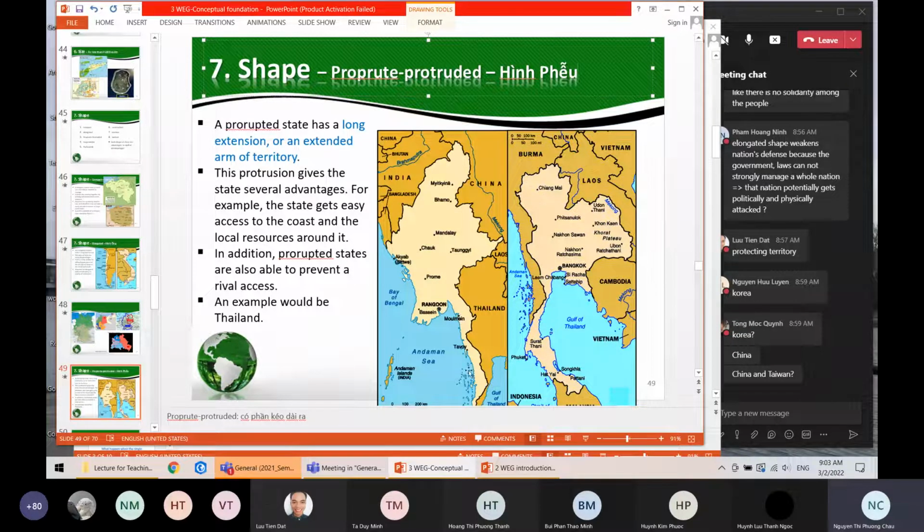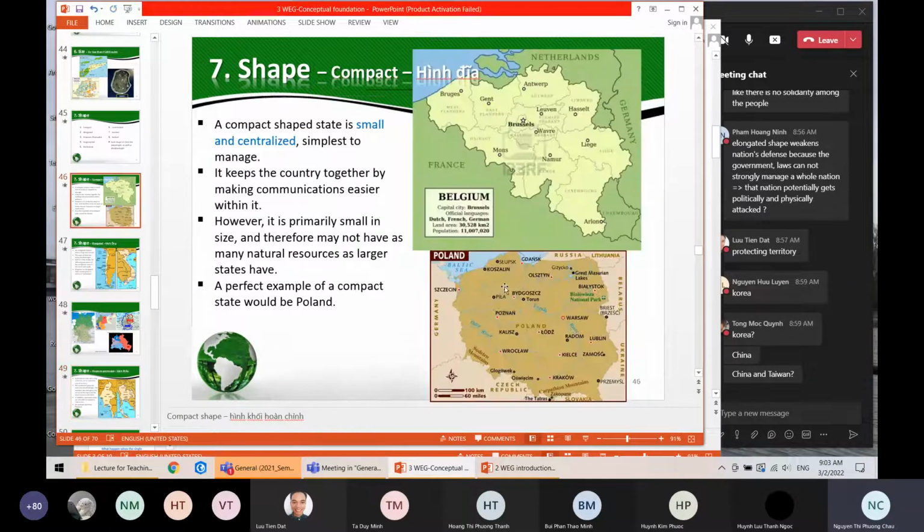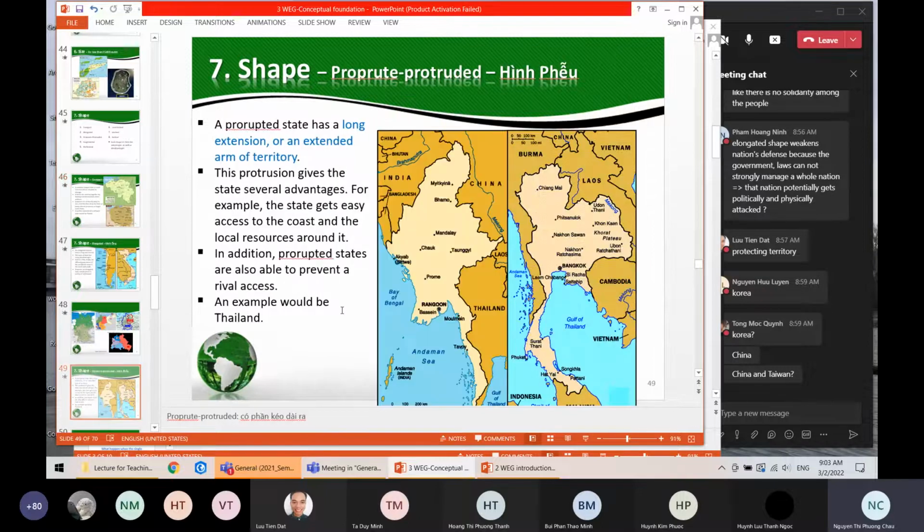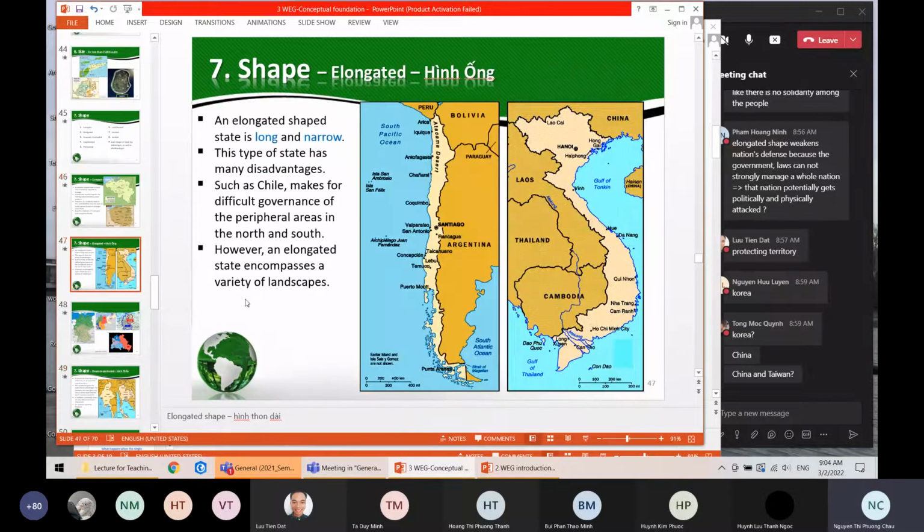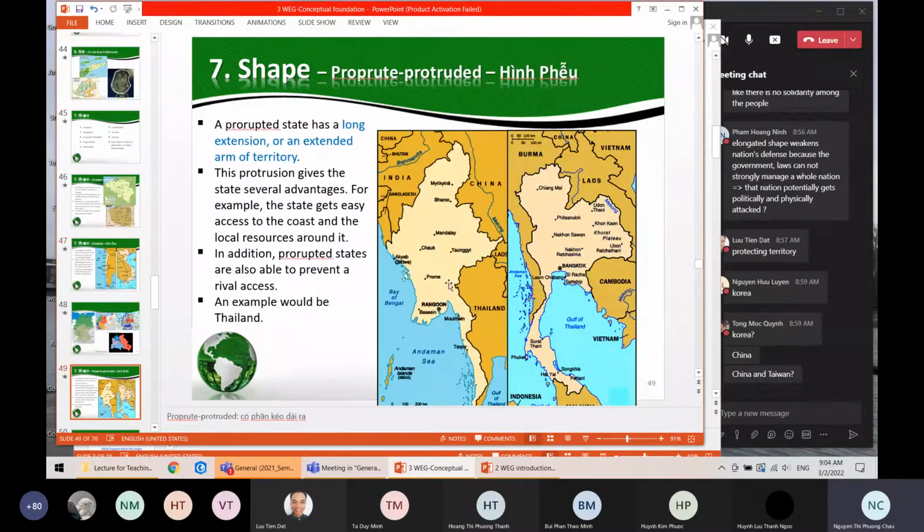With this, we can see the big part looks like a compact part, and the tail is like elongate. Therefore, this kind of shape has both the advantages and disadvantages of compact and elongate. So we don't need to discuss more. We can combine the previous discussion for this shape of nation.